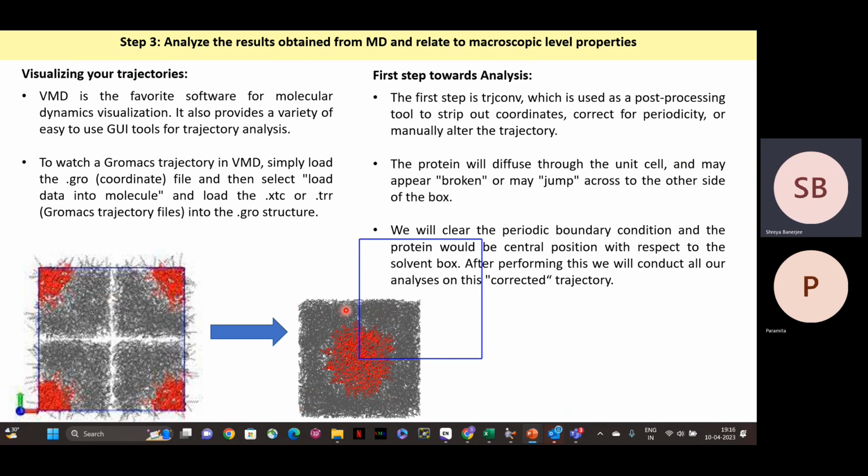Only after this can we study the trajectories. This post-processing, which converts a broken image like this into a picture of the protein, is done using the command called trjconv.